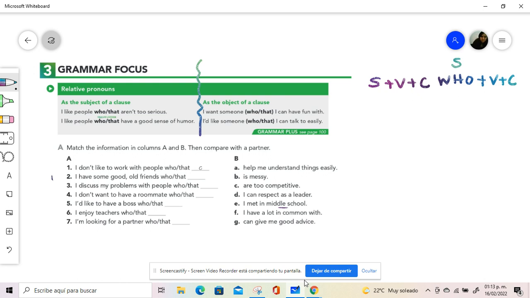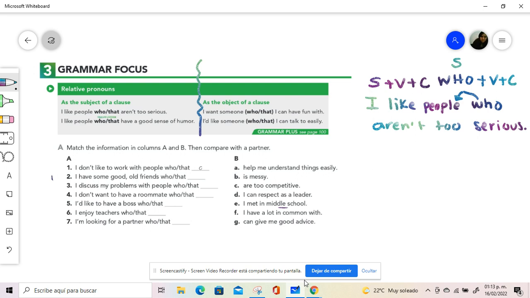This is the subject. So I have, I like people. This is the first clause, but I need to give extra information. I am using who, and this who refers and agrees with the previous object I mentioned. I like people who aren't too serious.